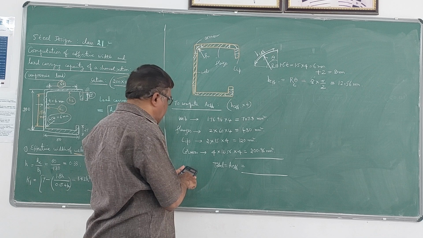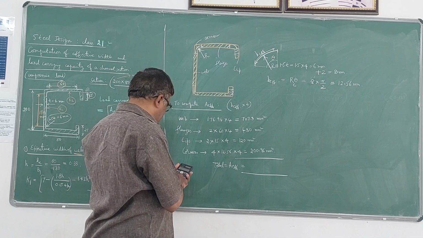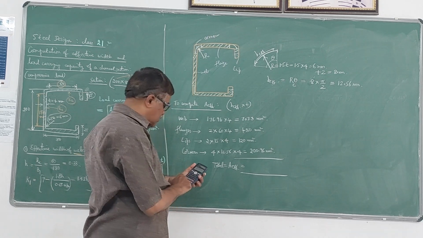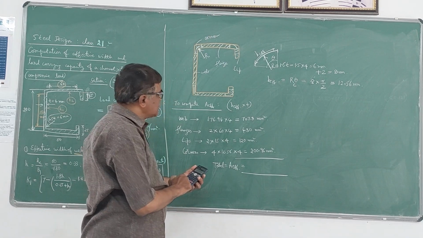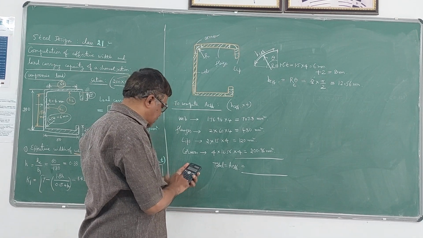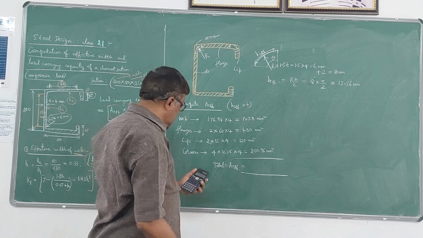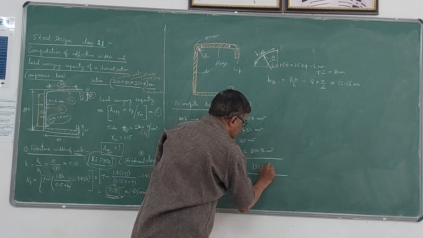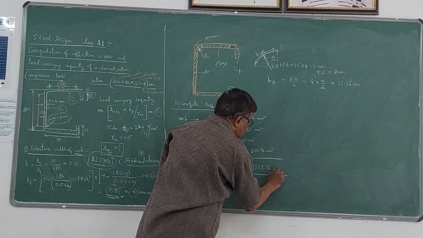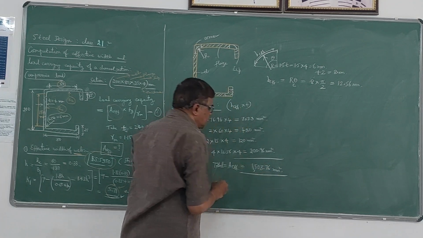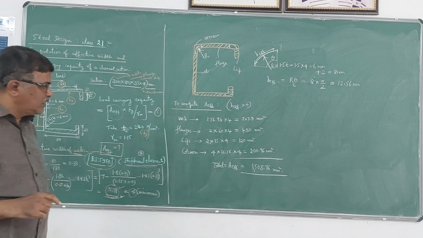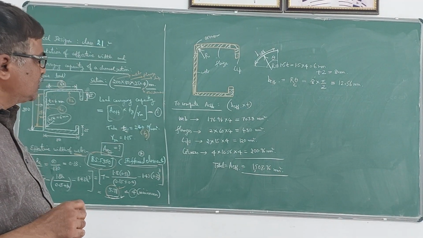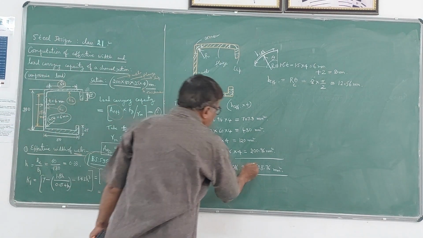So 200.96 plus 120 plus 480 plus 707.8, which comes out to be 1508.76 millimeters square. So this is the effective area you can take.